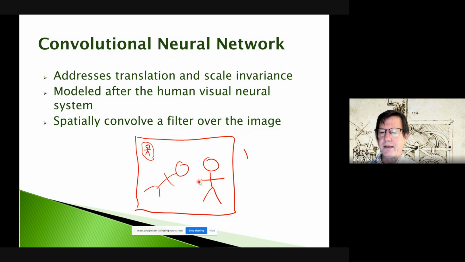So that first stage might find these edges as lines that have a certain orientation to them. And then you might have a filter that looks for some circles or arcs or that type of thing, right?